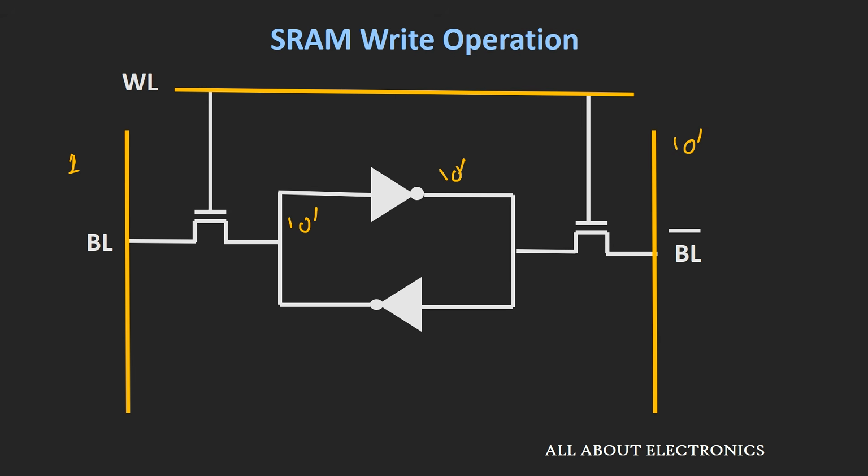So far as we have seen, this SRAM cell does not involve any kind of capacitors. So the transition from 1 to 0 will be faster in case of this SRAM compared to the DRAM, where it involves the charging and discharging of the capacitor, and that is the reason this SRAM is quite faster compared to the DRAM.